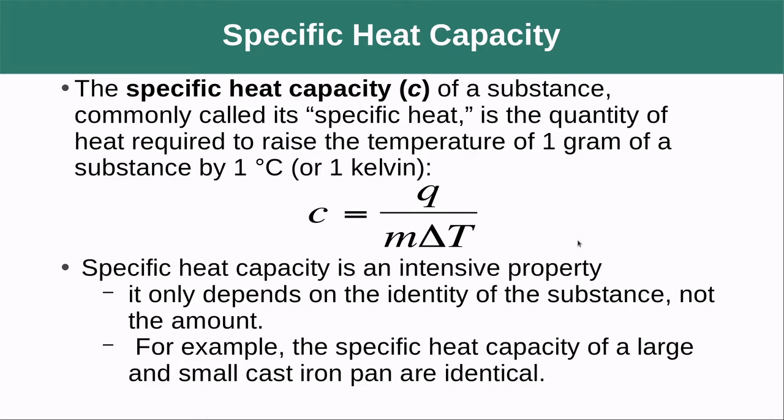So even if the heat capacity rises because we have more and more mass, the amount of temperature change per unit of heat, or the amount of heat required per unit of temperature change, is not going to change gram per gram when you're using the specific heat capacity. This makes it an intensive quantity, and we're going to be using this for the majority of our calculations.